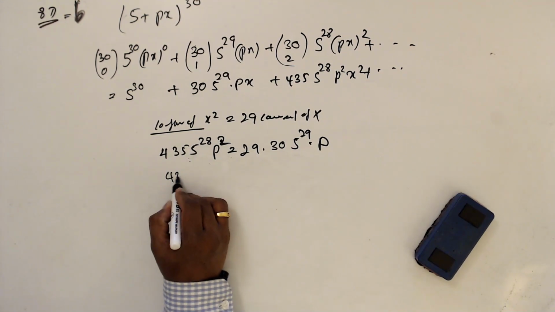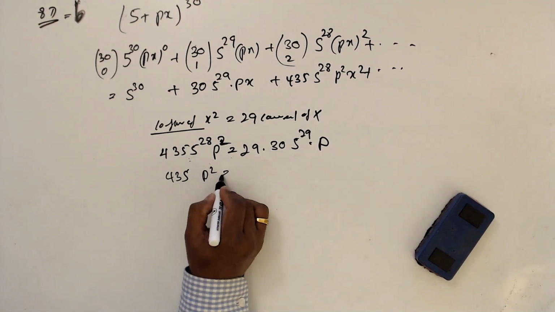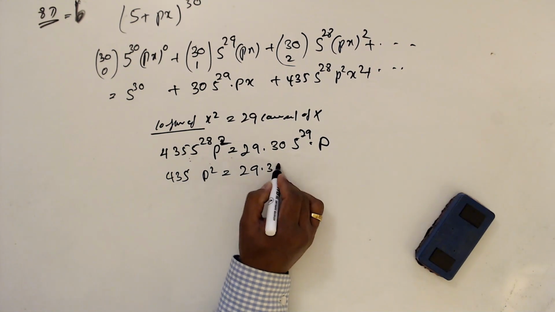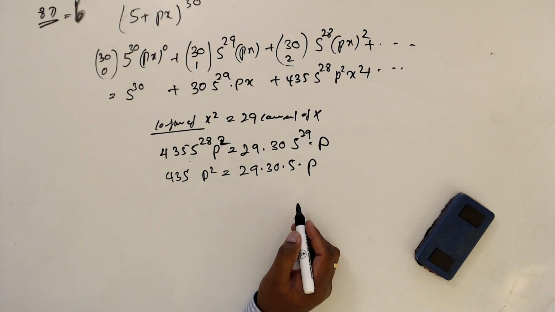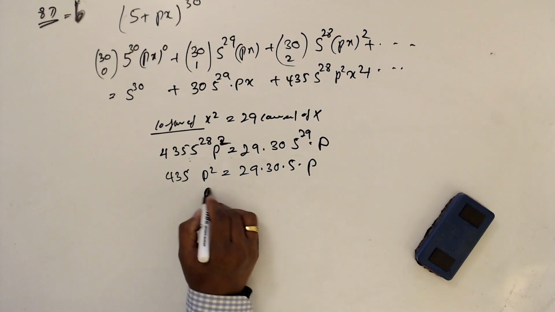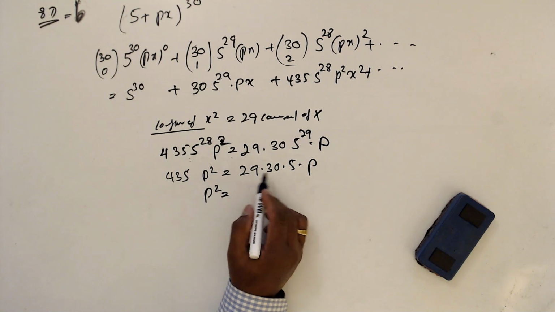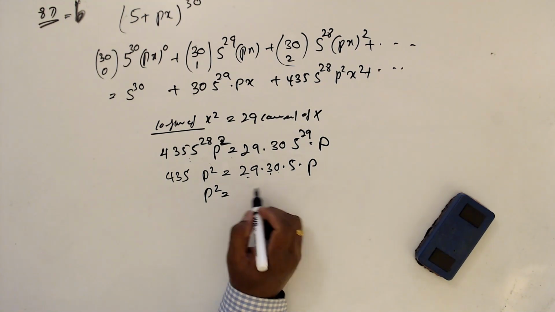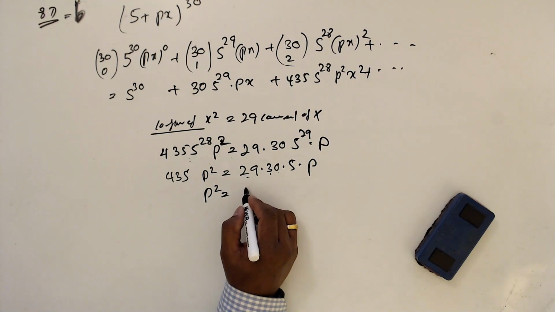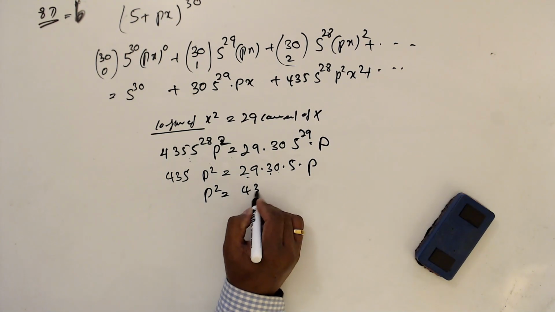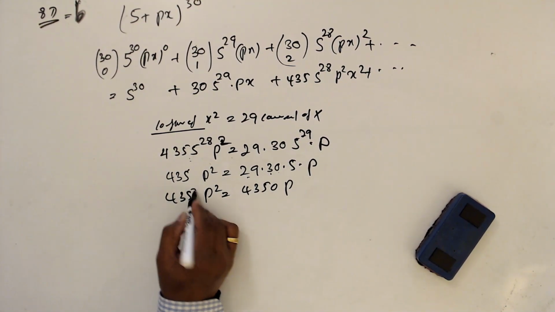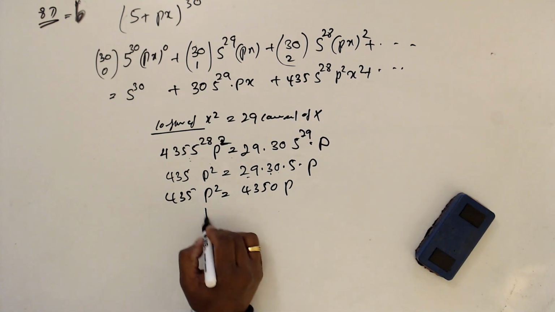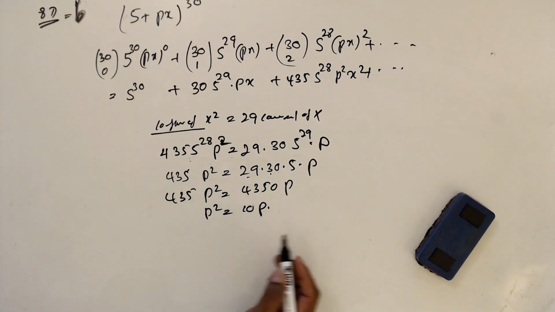So 435 p square equals 29 times 30 times p. Dividing by 435, p square equals 10p.